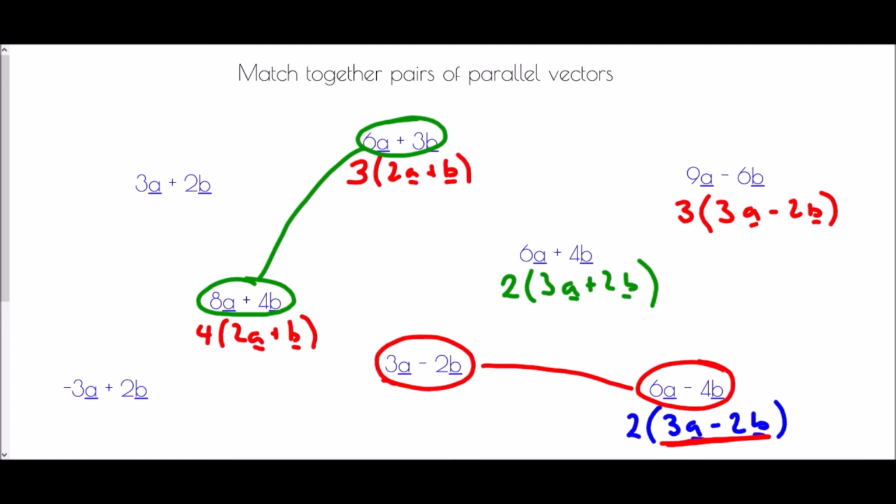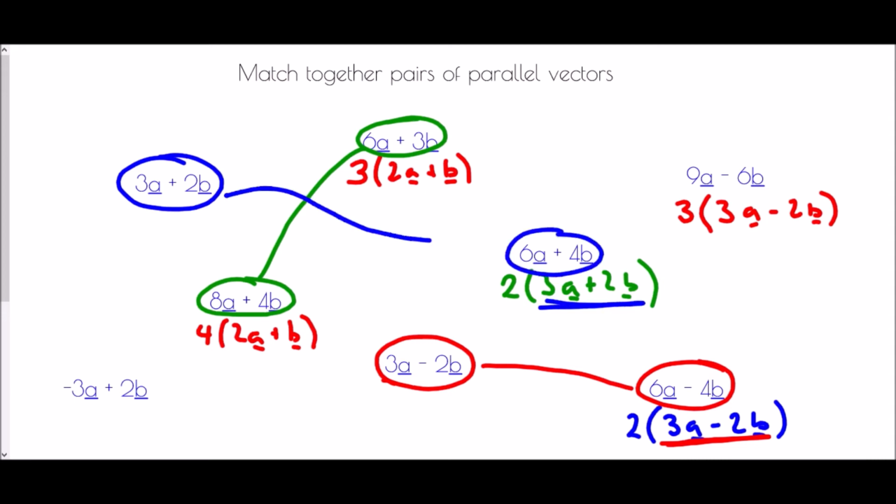3a plus 2b. Well, we can see that, 3a plus 2b in both of those, and so they match. And finally, we have 3 brackets 3a take away 2b, and we have negative 3a plus 2b.